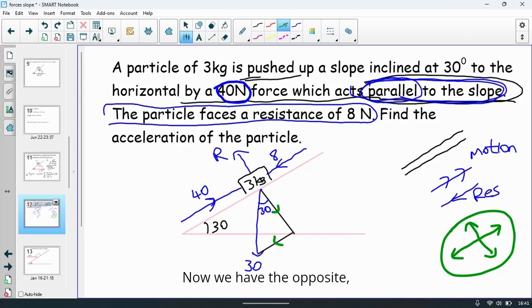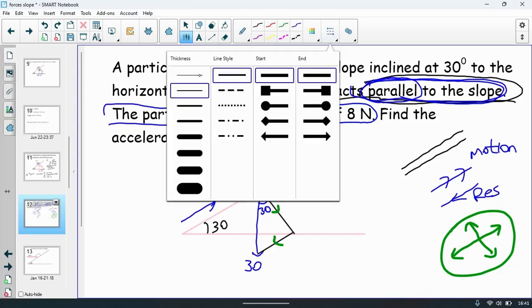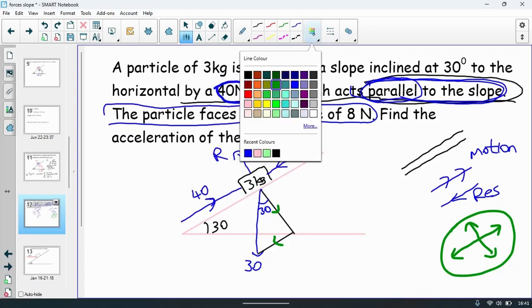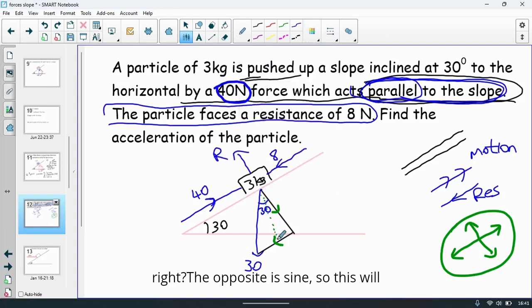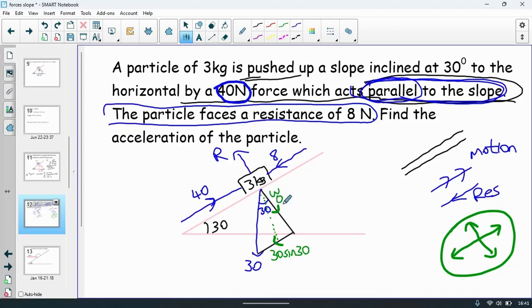Now we have the opposite, right? The opposite is sine, so this will be 30 sine 30, and this will be 30 cos 30. This is always the rule for the weight. So we've got both the components of the weight sorted now.